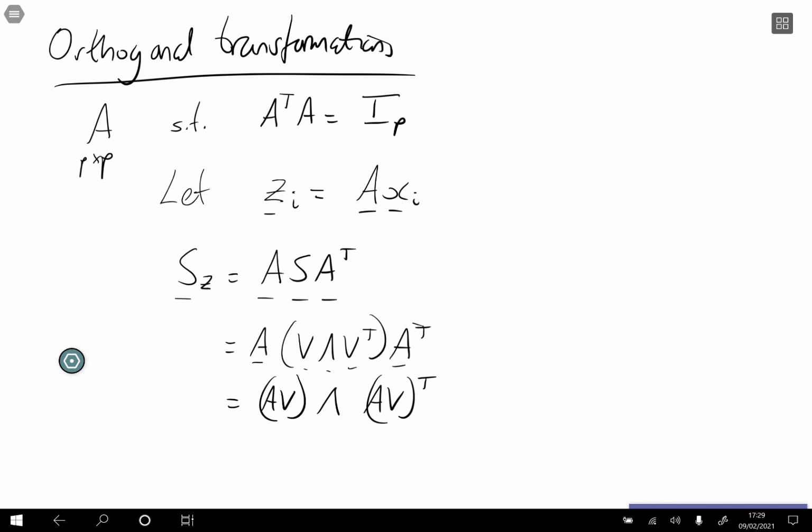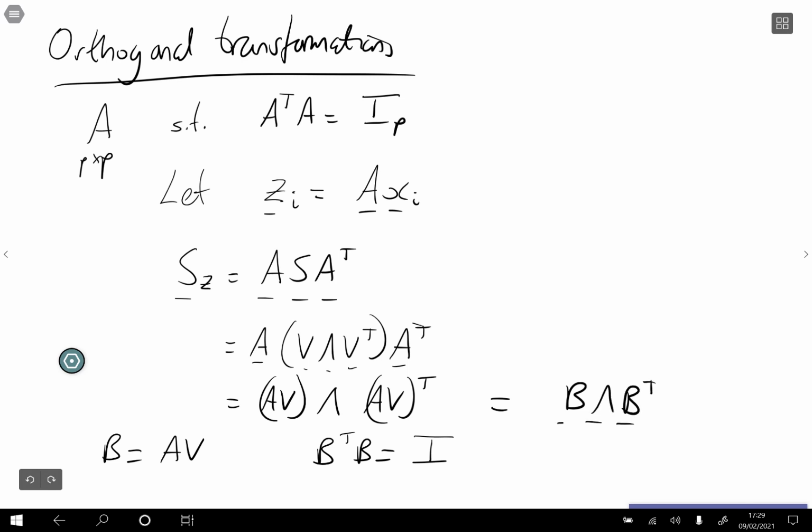Now, if we let B be AV, then B is an orthogonal matrix, so B transpose B is easy to check equals the identity. So the spectral decomposition of SZ becomes B lambda B transposed.